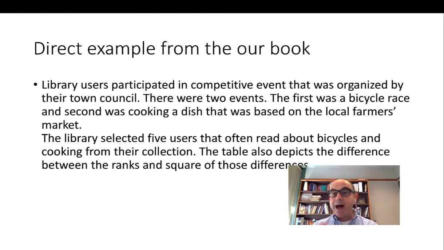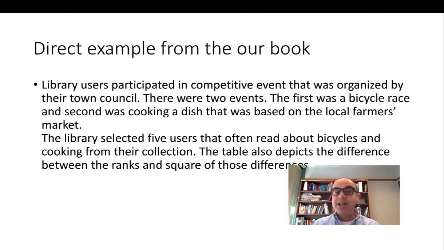Here is a direct example from our textbook. Library users participated in events organized by the town council. There were two events: the first was a bicycle race, and the second was cooking a dish based on the local farmers market.